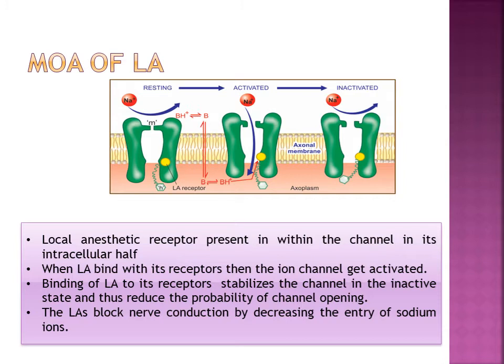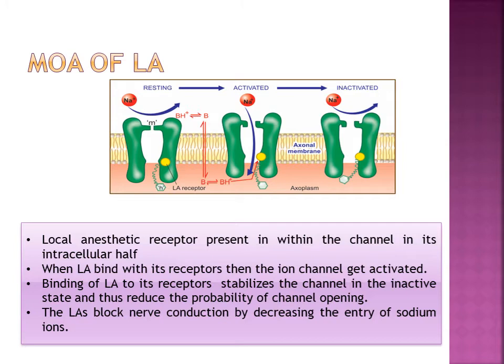In the resting phase, the receptors will be like this, and when local anesthetics bind with the local anesthetic receptor, the sodium ion channel will be activated, and this leads to stabilization of the channel.